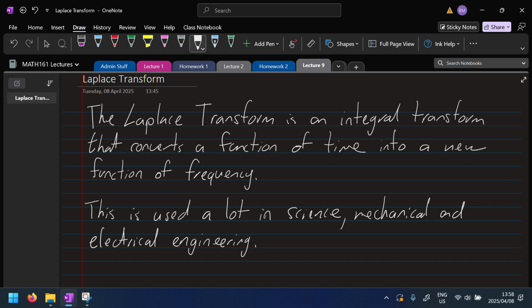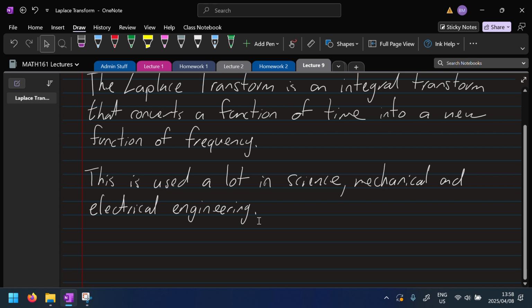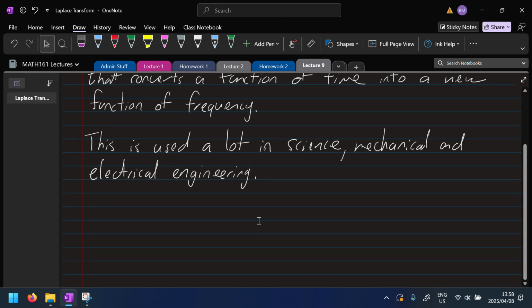We won't be looking too much at the other use cases, but for mechanical and electrical engineering, we'll have a look at some more specific examples for those cases.